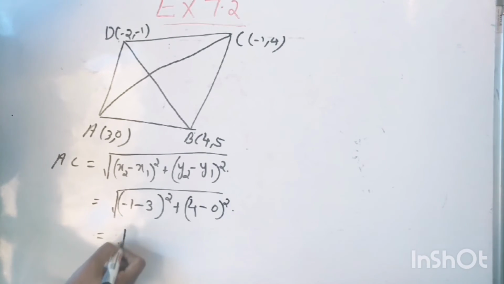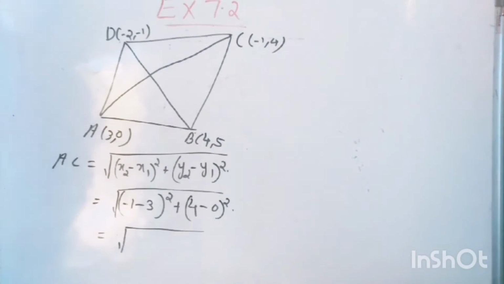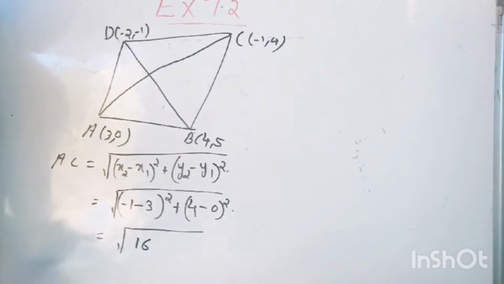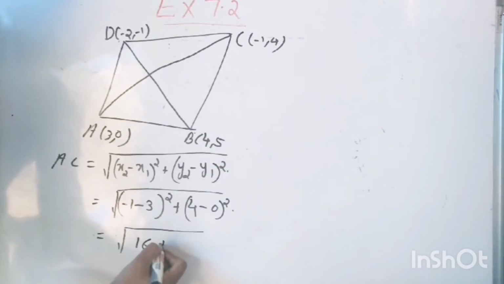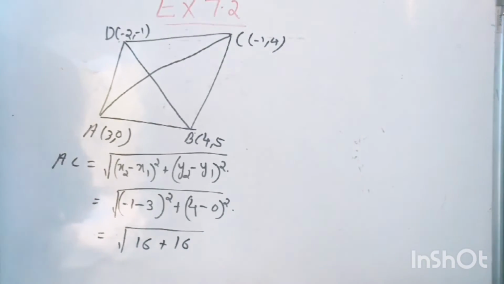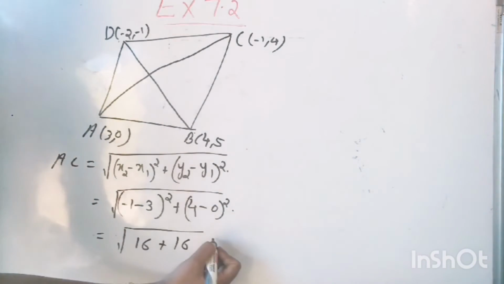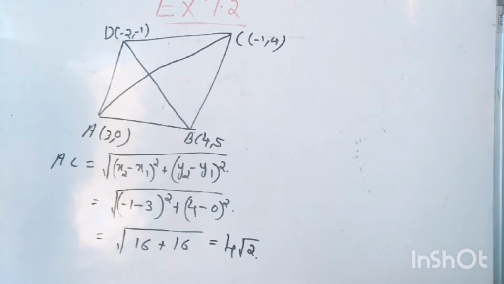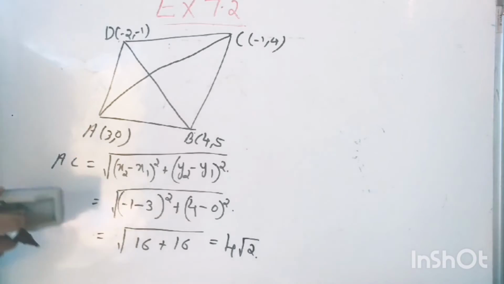That is equal to the square root of (-1 minus 3) squared plus (4 minus 4)... square is 16, and 4 square is 16. That we will get as 4 root 2. So the length of AC is equal to 4 root 2.